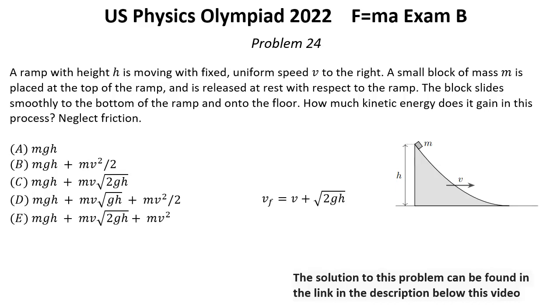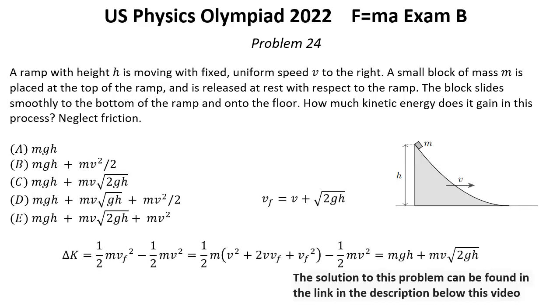It means that the change of kinetic energy will be final kinetic energy, which is 1/2 m v final squared, minus initial kinetic energy, which is 1/2 m v squared. After calculations, we will get mgh plus mv multiplied by square root of 2gh, which is answer C, and that was the solution for problem number 24.